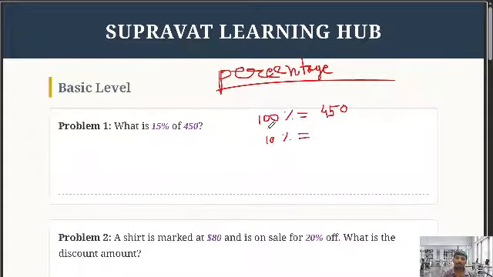So divide this by 10 and divide this by 10. So it will be 45 and this will be 10.